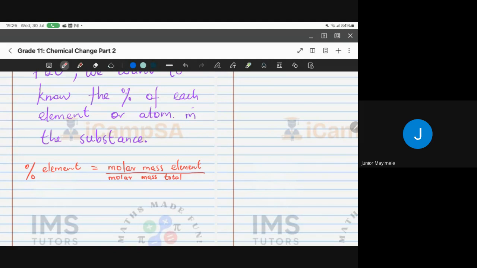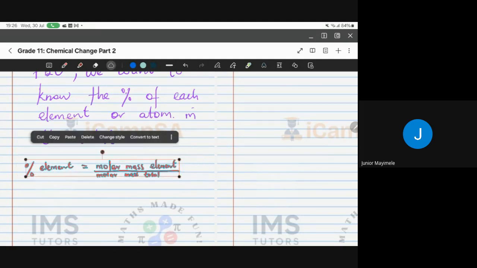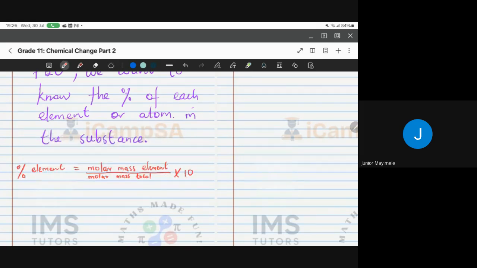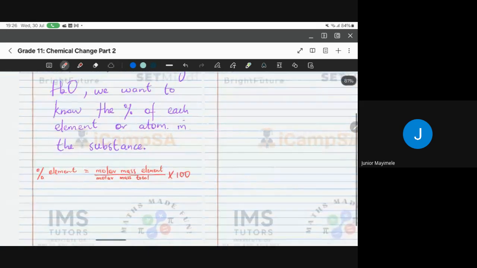Because remember, every time you're calculating a percentage, after taking the ratio, you multiply by 100. So let me give you an example.